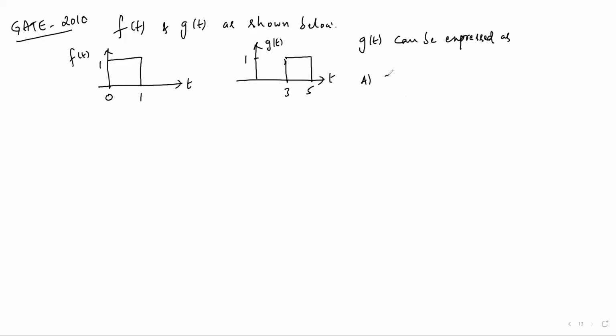Option A, G of t is equal to f of 2t minus 3. Option B, G of t is equal to f of t by 2 minus 3. Option C, G of t is equal to f of 2t minus 3 by 2.